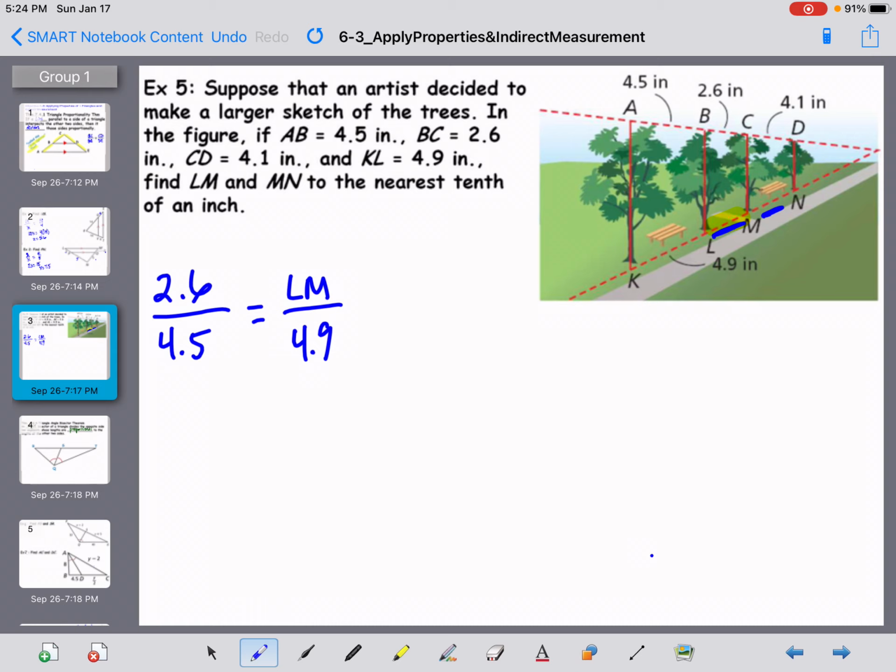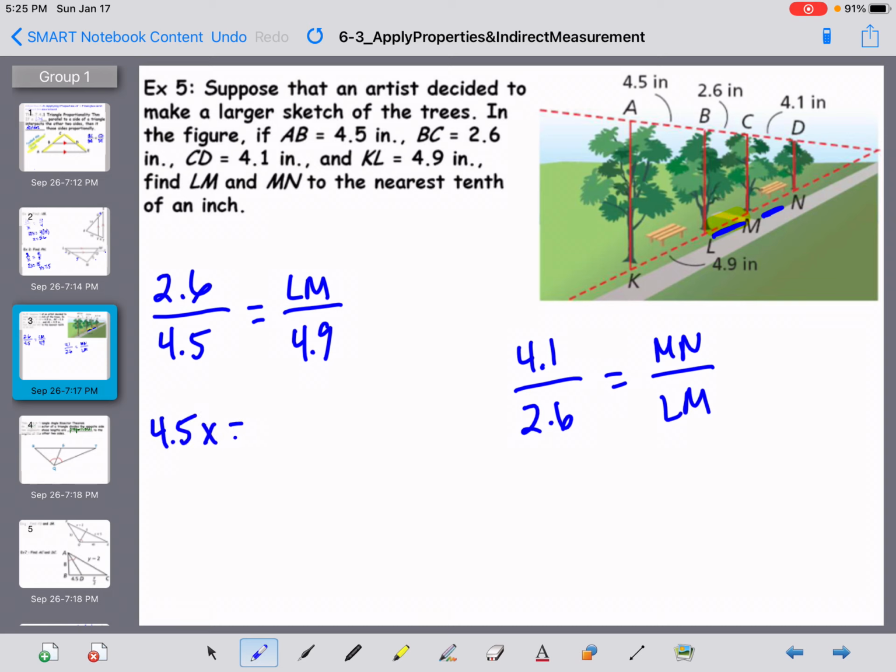When I do this next problem to find MN, I'm going to say 4.1, 2.6, and then MN to LM. So I really need to know what LM is first.